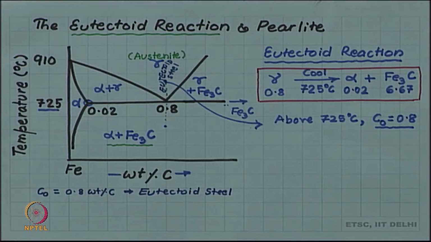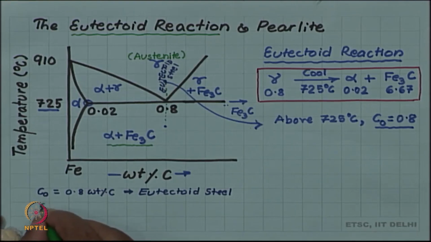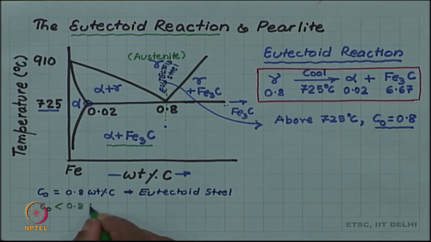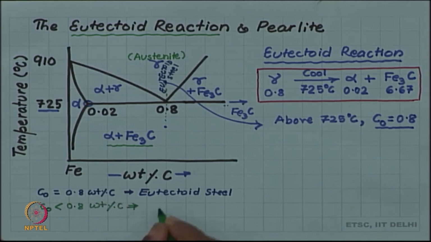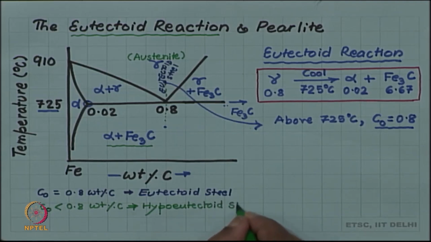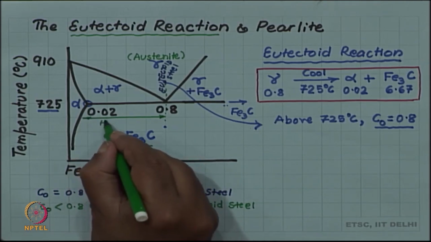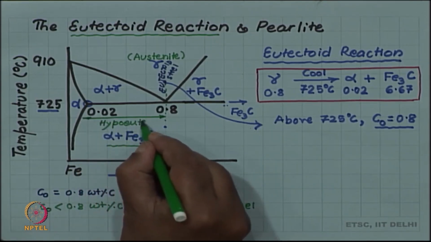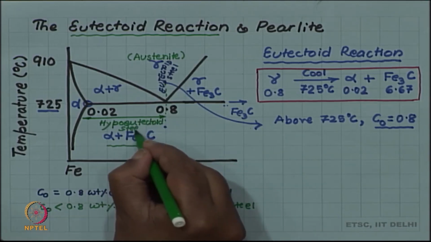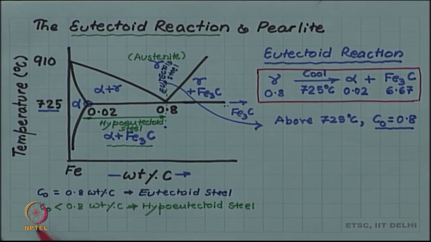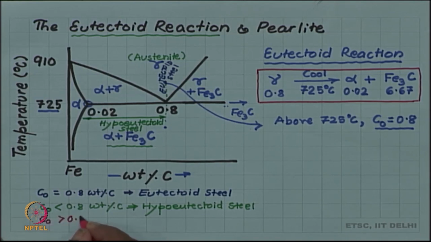And then if C0 is less than 0.8% carbon, we will call this a hypoeutectoid steel. So, in this range we will have hypoeutectoid steel, and if the composition is more than 0.8% carbon, we call this hypereutectoid steel.